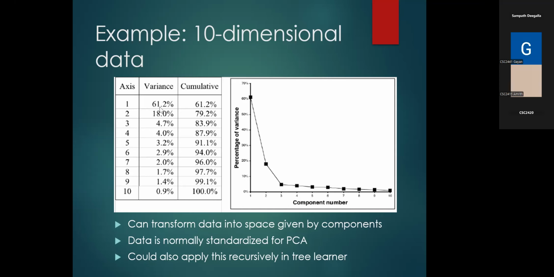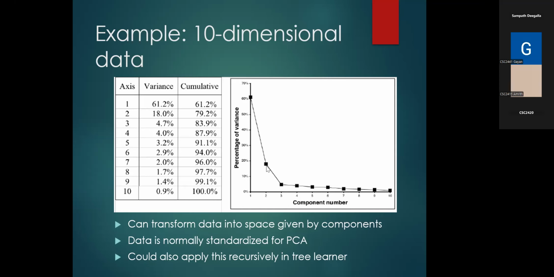Here in this example, it captures around 61%. The second principal component captures 18%, the third 4.7, the fourth 4, the fifth 3. You will see that when you go to other dimensions, other attributes, the variance diminishes. And if you draw this as a graph, you see an elbow-like shape.